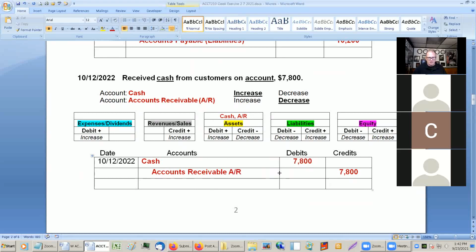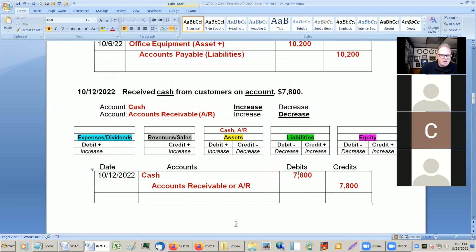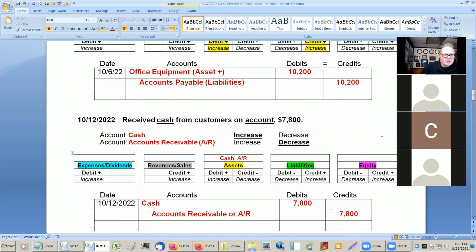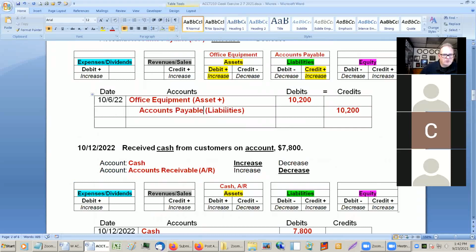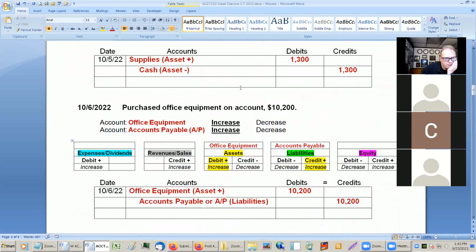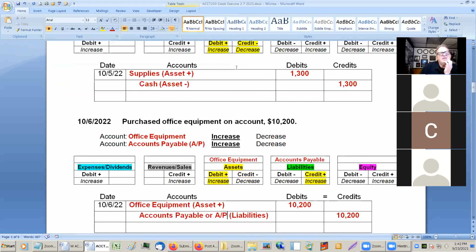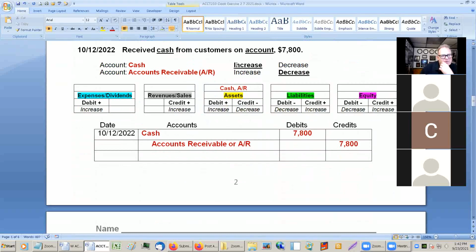But you can also just put AR, either one. Want to type it out completely? You can. And same thing up here, accounts payable. Yeah, so those are common ones that you have.